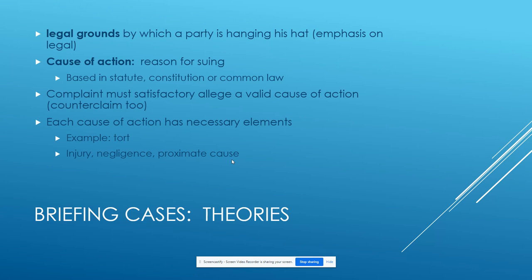When you're filing your initial complaint, each cause of action will have requirements, which we also call elements. So your complaint has to satisfactorily allege this valid cause of action. It must have all those elements and the facts that satisfy those elements. Otherwise, the complaint can be dismissed for failure to state a cause of action.